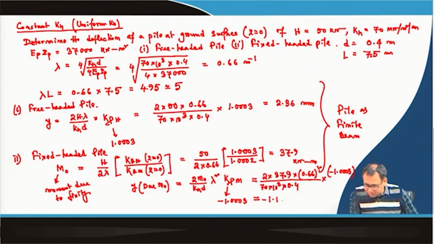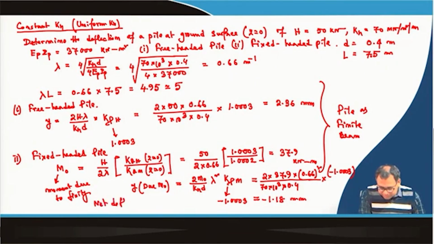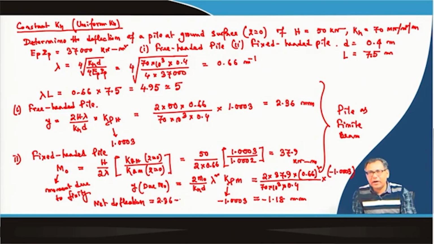So, this value is minus 1.18 millimeter. So, the net deflection is the deflection due to the free head, 2.36, minus the reduction of the deflection due to the moment developed due to the fixity, which is 1.18.